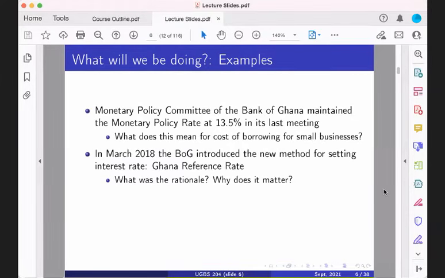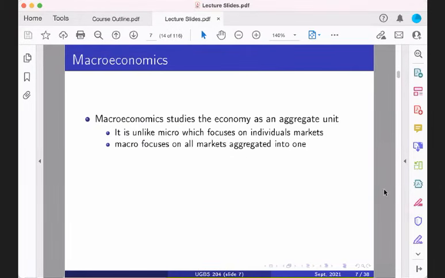In March 2018, the BOG introduced a new method for setting interest rates called the Ghana Reference Rate. What was the rationale? Why does it matter? These are questions we'll be asking ourselves and trying to provide answers to. You realize that most of the questions being asked are things that will affect the behavior of businesses, not a particular single individual.